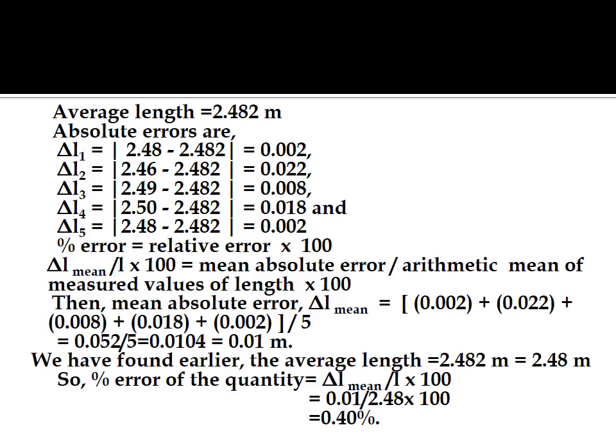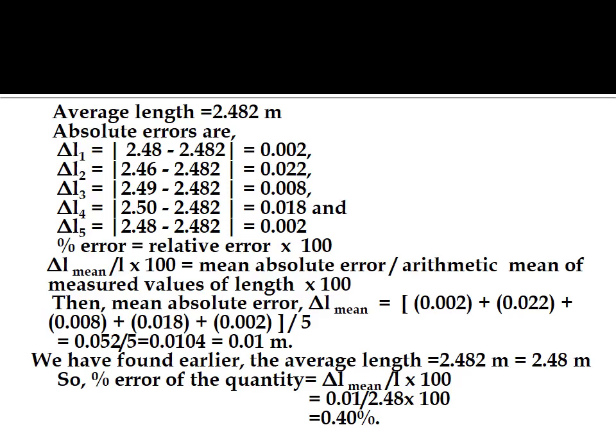Percentage error is equal to delta L mean divided by L into 100, where delta L mean means average value of absolute error or mean absolute error, and L is the arithmetic mean of all measured values of length or average length.